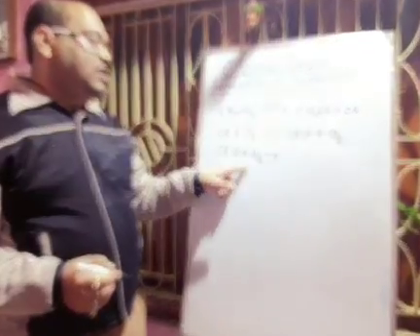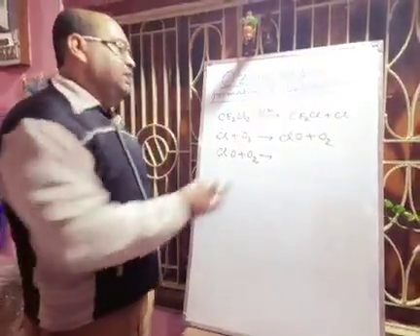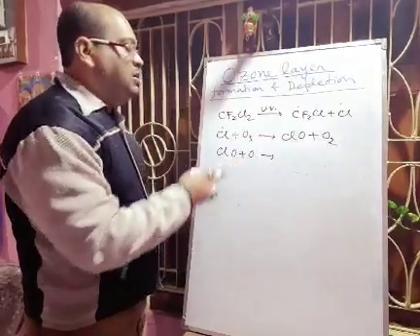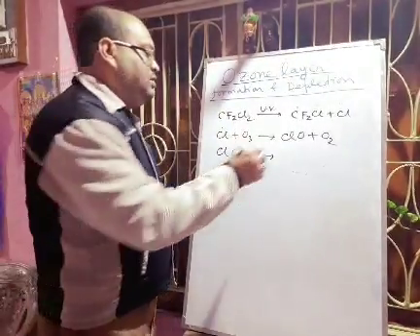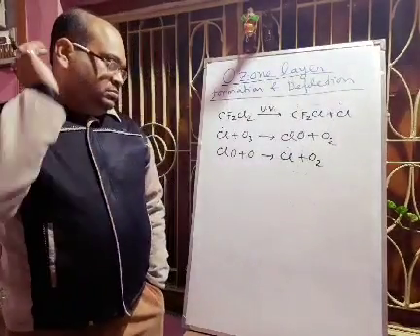Here you have to write that it reacts with oxygen free radical, or oxygen in the gaseous state, which will form Cl• plus O2.